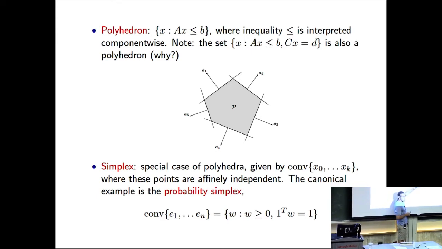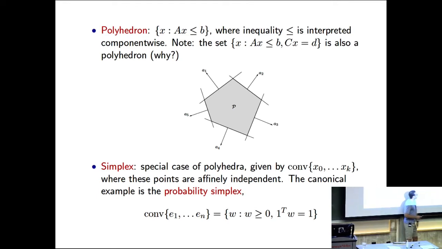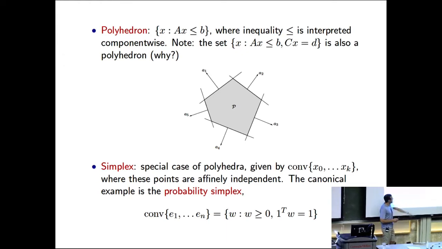You should know what linear independence is; that should be familiar from linear algebra. For affine independence, you can take a look at the review that we wrote if you're not sure what that means. It's a slightly different notion of linear independence. If we take k plus 1 points and take their convex combination, then that's a simplex. It's a very special case of a polyhedron.